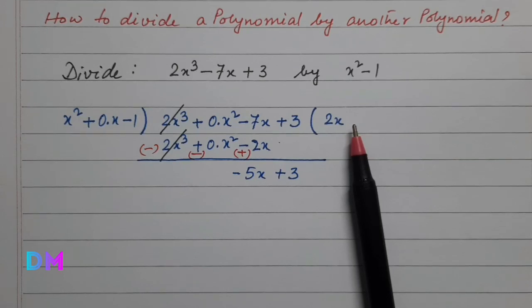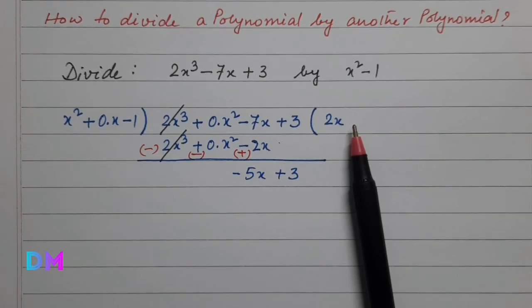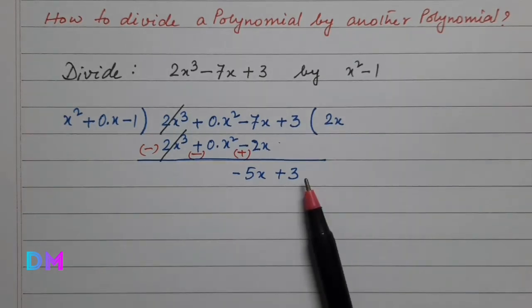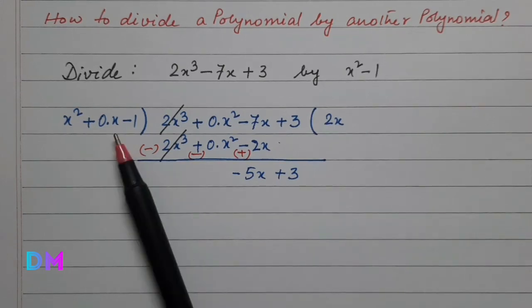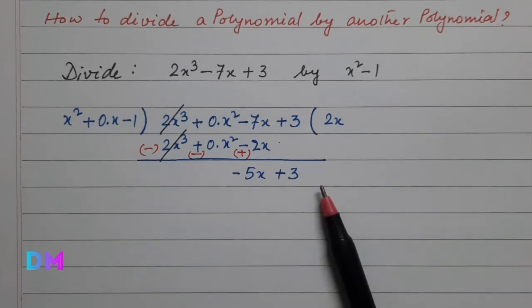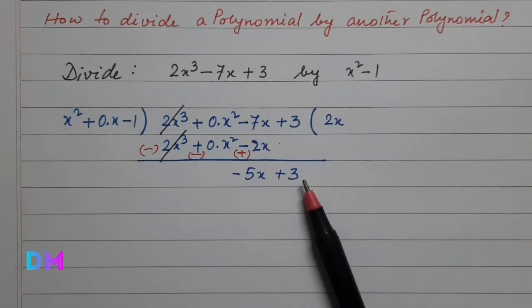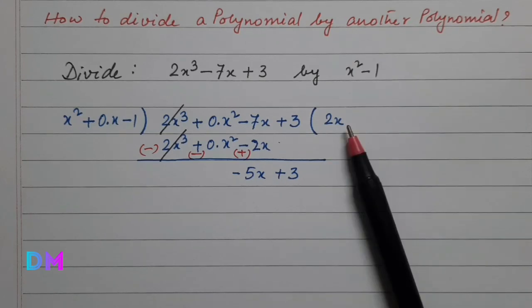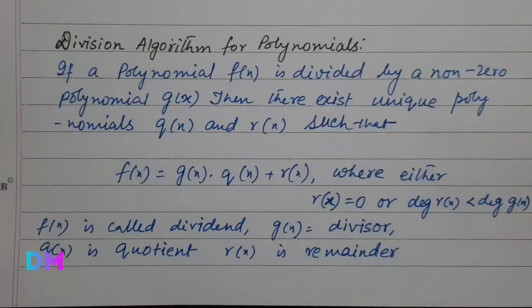But if we write −5/x, this quotient will not be a polynomial. Hence, if we get the degree of this polynomial less than the degree of the divisor, then we should stop the division and this polynomial is called the remainder polynomial. This is called the quotient polynomial.